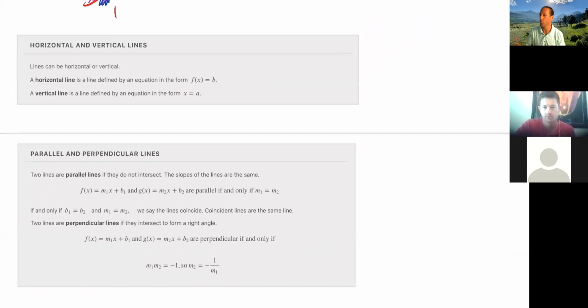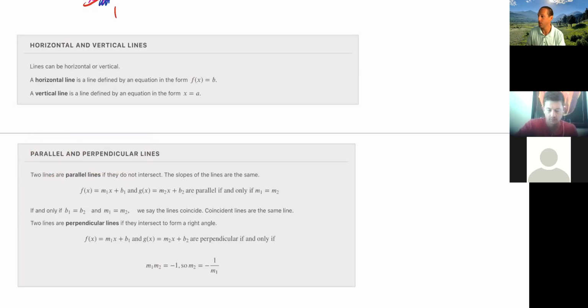Now, what if we have more than one line? Well, then we want to look at their relationship. And one of the most important relationships that we will talk about is the fact that they are parallel or the special intersection of perpendicular. Right? And hopefully you remember, if we have more than one line, we want to know, first of all, what those mean. And hopefully you do.